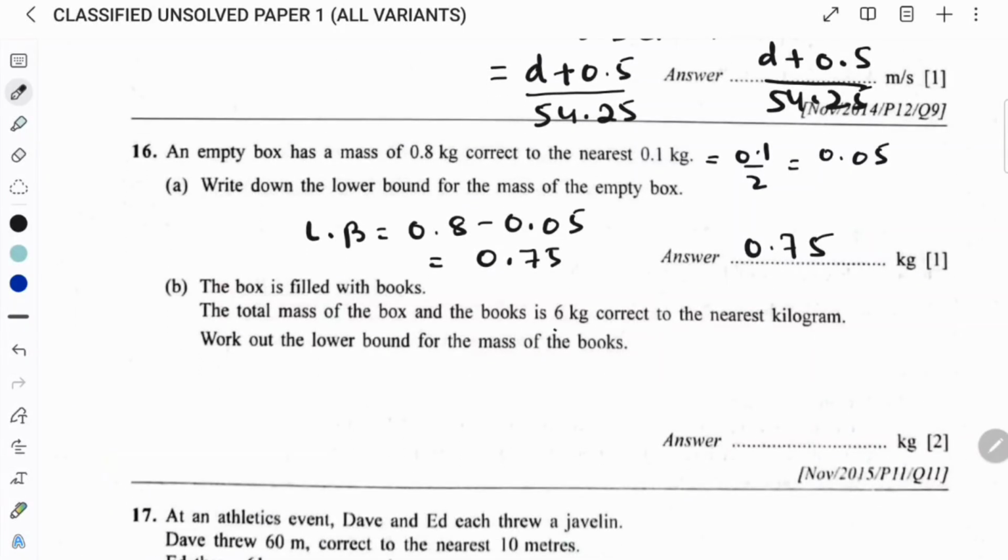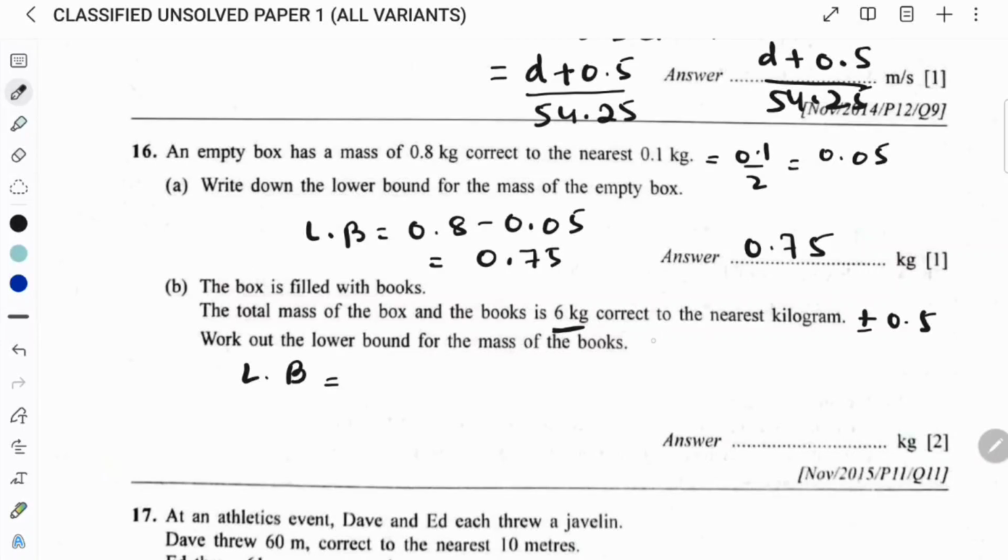The total mass of the box and the books together. We have done this type of question in the previous one also. Correct to the nearest kg, plus or minus 0.5, we will do. Work out the lower bound of the mass of the books. So it is a lower bound, minus question. We have 6 kg with the box.